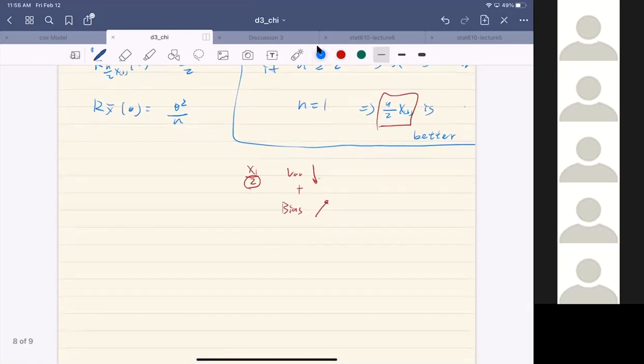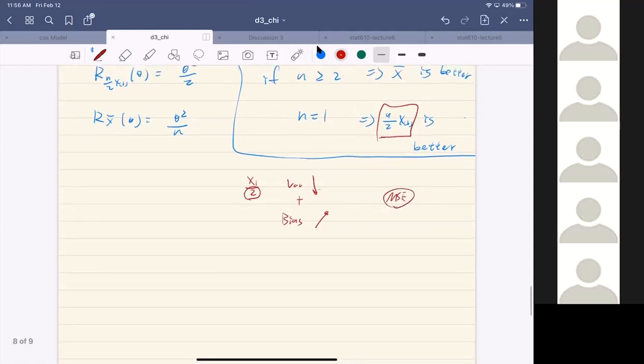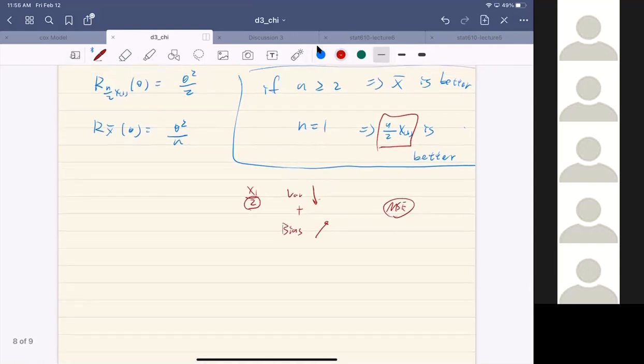Gotcha. So it improves on variance, but is worse for bias. Yeah. But on average, if you consider mean square error, it can have a better performance. So sometimes we may not want to use the unbiased estimator. If we allow some bias, we may have a better solution.